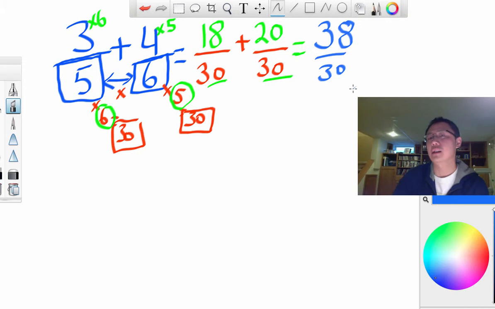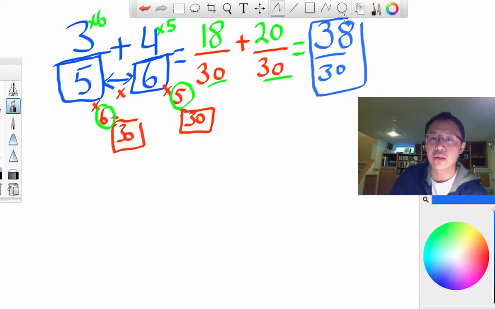A lot of times I ask my students to reduce. So what does reducing mean? Reducing basically represents how you can rewrite this fraction into the same one, but with smaller numbers. A good number to try for all fractions when you're reducing is to divide both by 2.